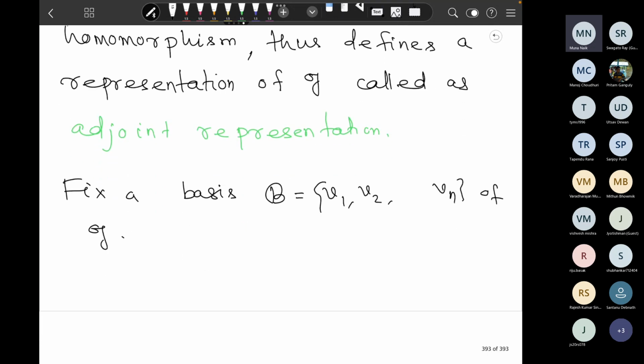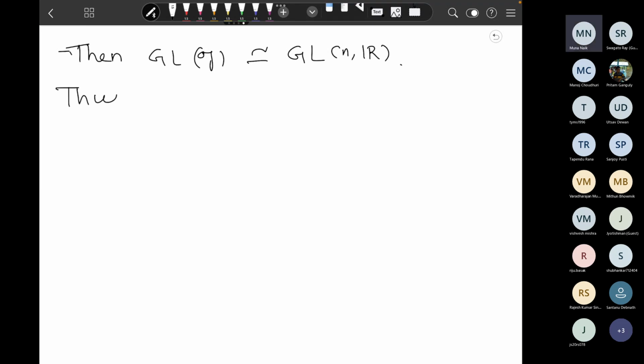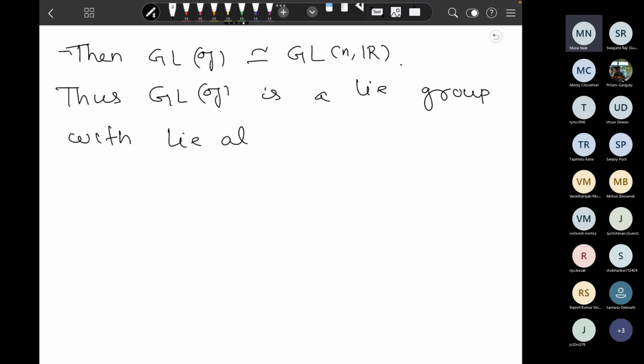If you fix this basis B, then GL(g) you can identify with GL(n, R). Therefore GL(g) is a Lie group with Lie algebra, which we write as small gl(g), and that is really the endomorphisms of g.